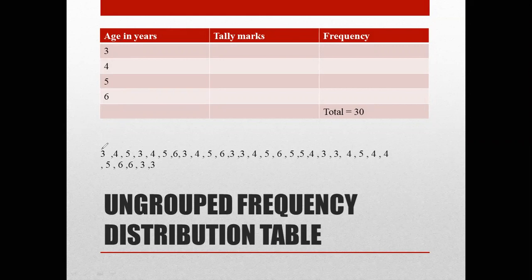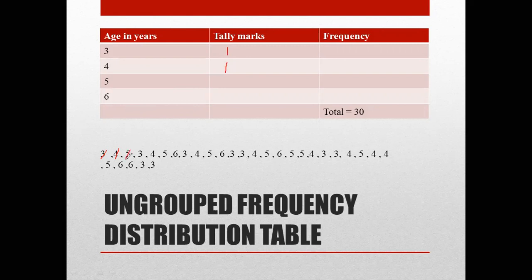So I've arranged it in increasing order. Now I'll be putting the tally marks accordingly and striking off the number which I'm putting the tally marks for. So it is 3. So I'm writing 1 tally mark in front of 3. Please copy this sum in your notebook. 4. So I'm striking this 4 and putting 1 tally mark in front of 4. 5.